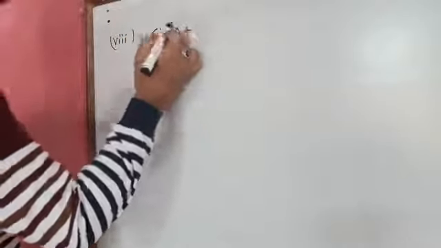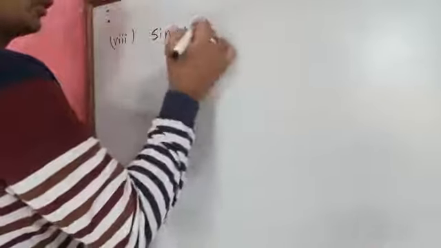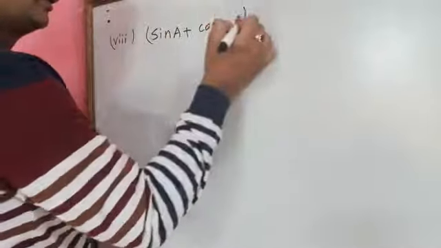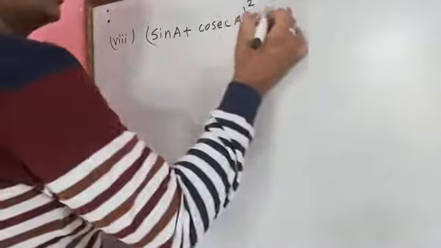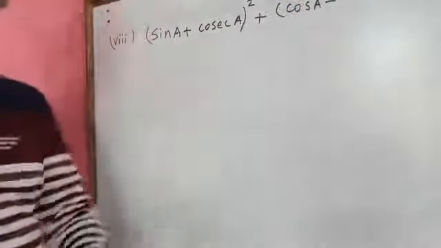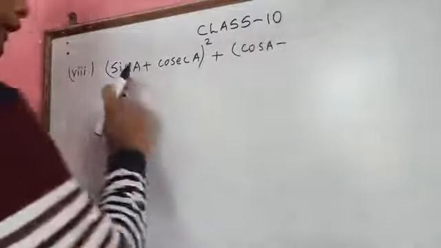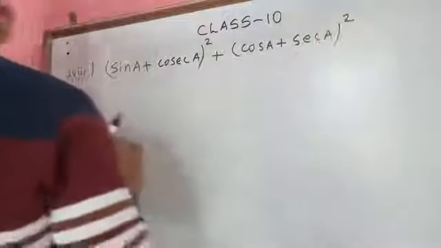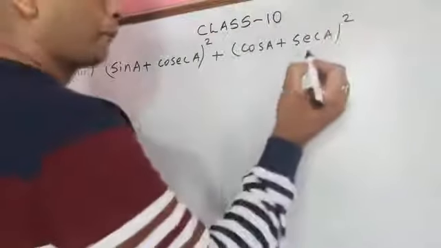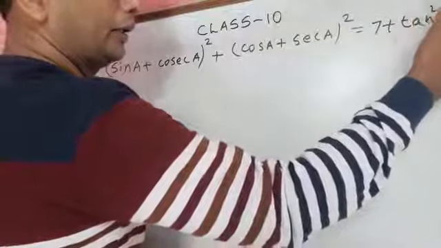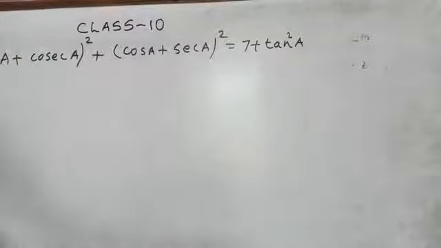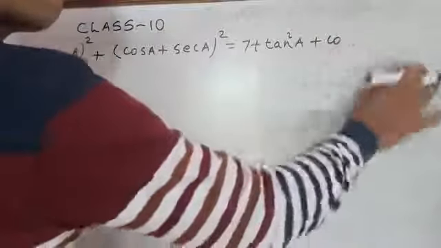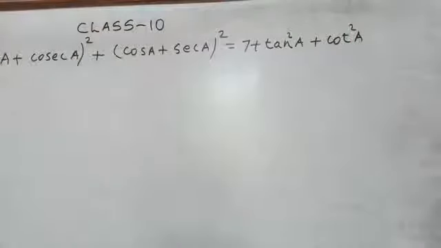We have (sin A plus cosec A) whole square plus (cos A plus sec A) whole square, and this we have to prove equal to 7 plus tan square A plus cot square A.